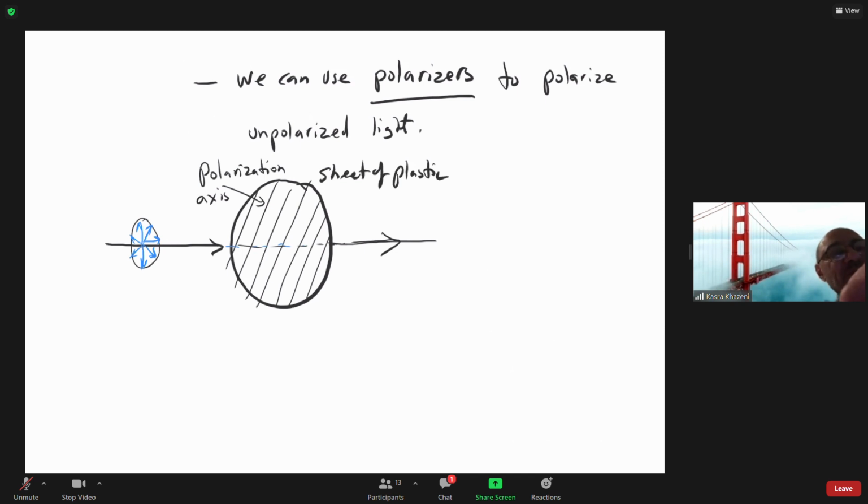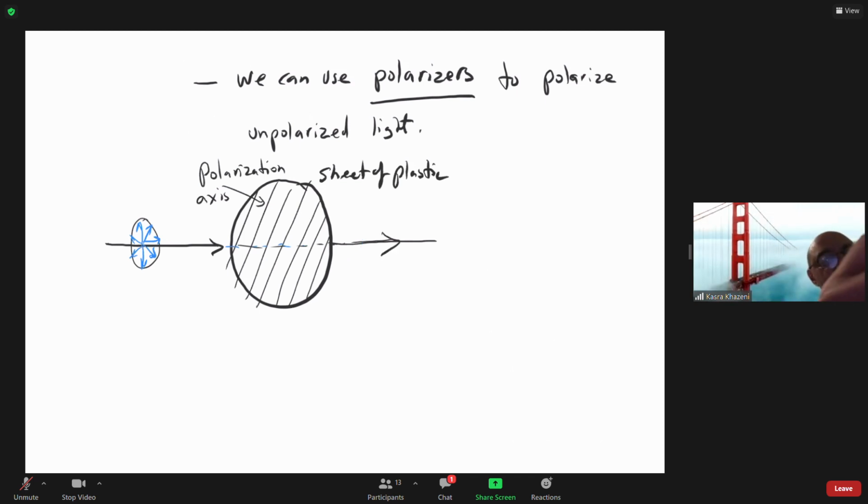So what comes out is actually in that direction. Of course it flips back and forth. Let me see if I can draw this a little better in terms of parallelness.